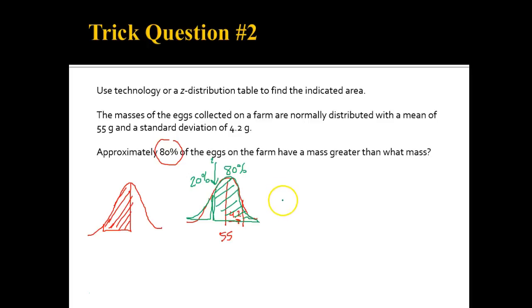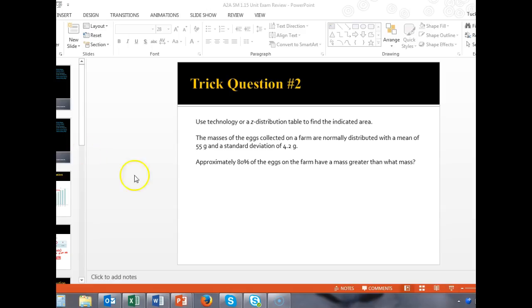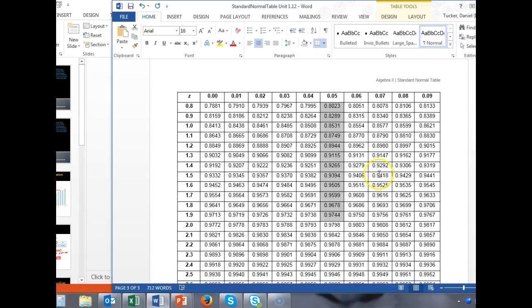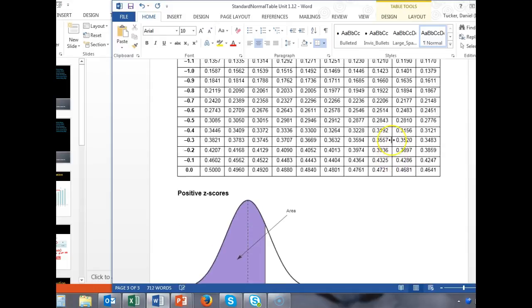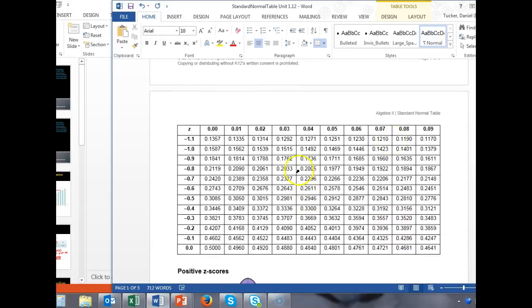Okay. So let's look on our chart, and once again I'm going to have to end the slideshow to pull up the chart here, and this time we're looking for 20%. So I have to scroll way up here to the 20%, and looks like there's 20 and 500ths, there's 19 and 77 hundredths, so that's not quite as close to 20% as this one is.